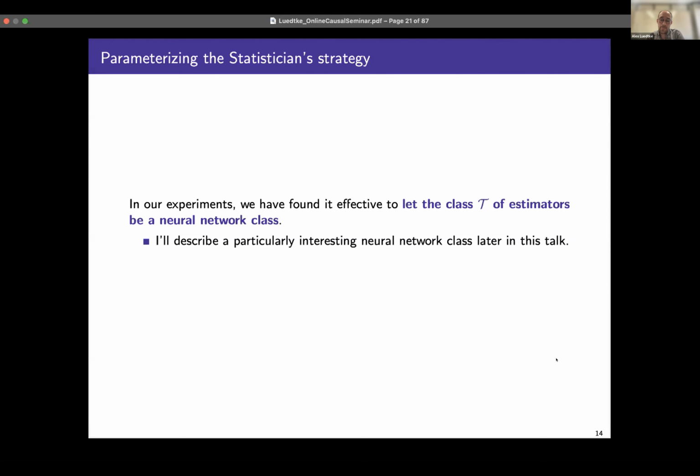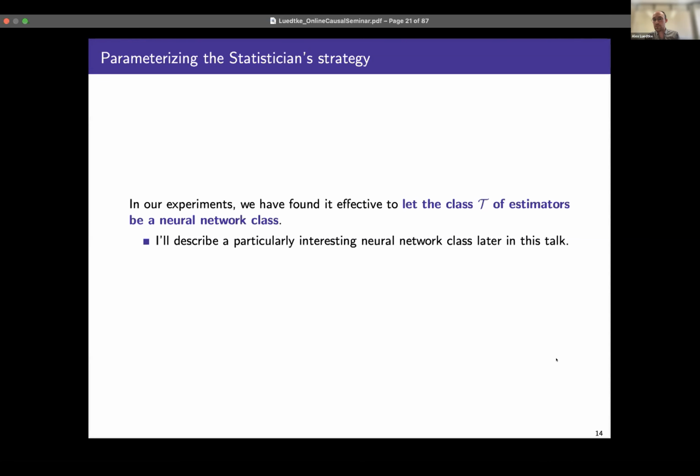To do this, we've often found it useful to parameterize our class of estimators as a neural network class. There are a few reasons for this. One, via universal approximation theorems, neural networks are known to be very flexible.